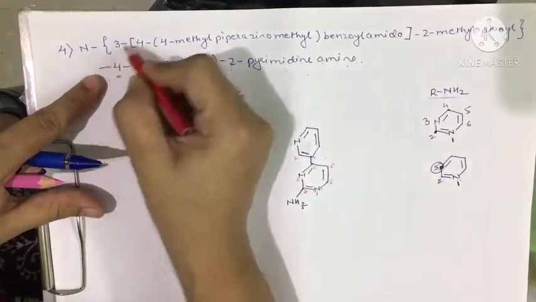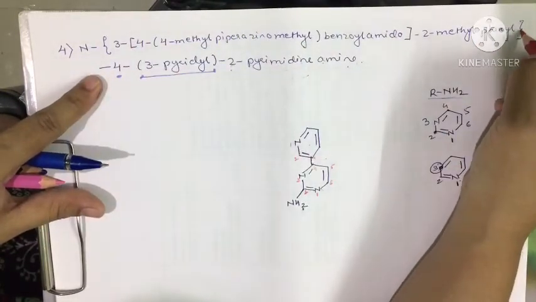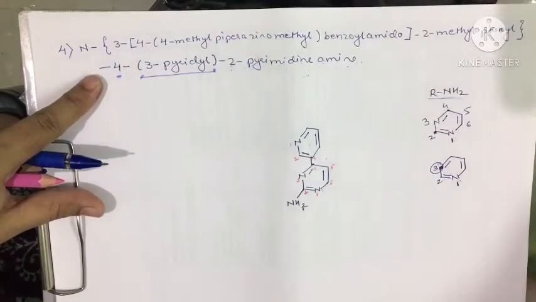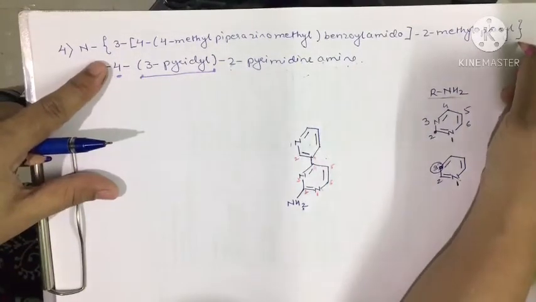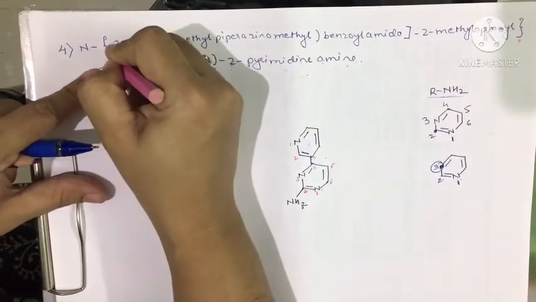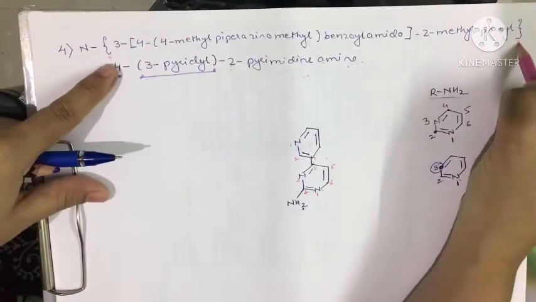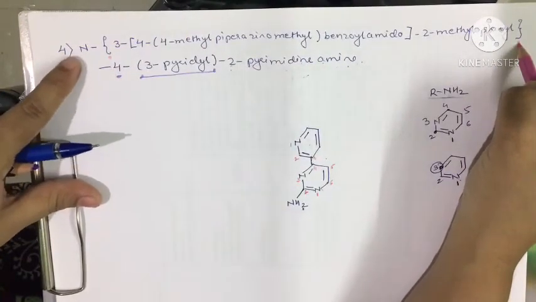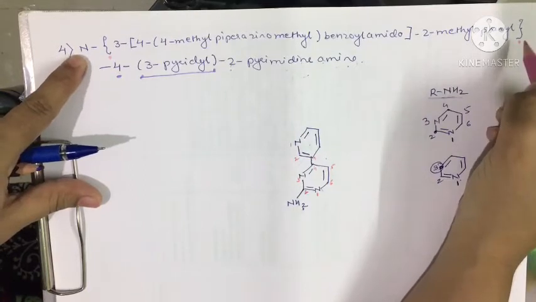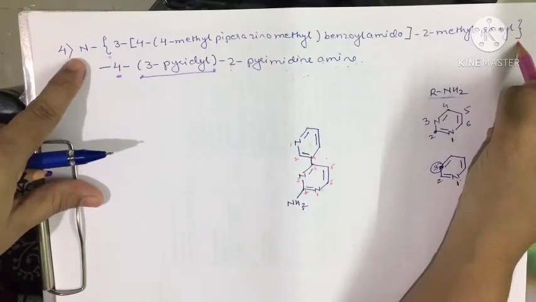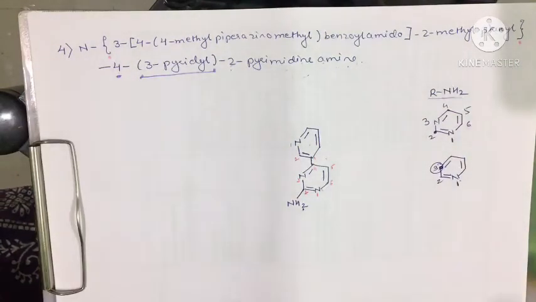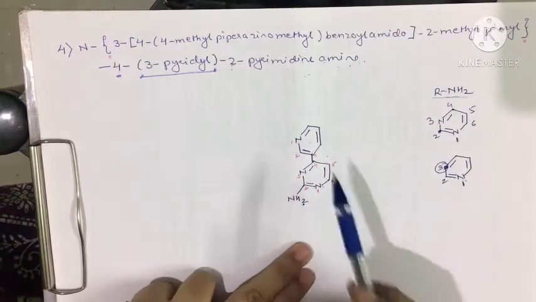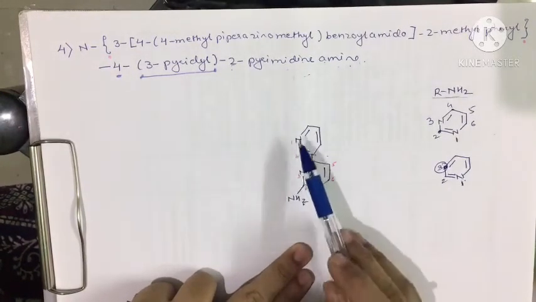The 4th position is now connected to a curly bracket. You can see this huge curly bracket, which is attached to a nitrogen. Coming back to the structure, we can see there are 4 nitrogens, 1, 2, 3 and 4.